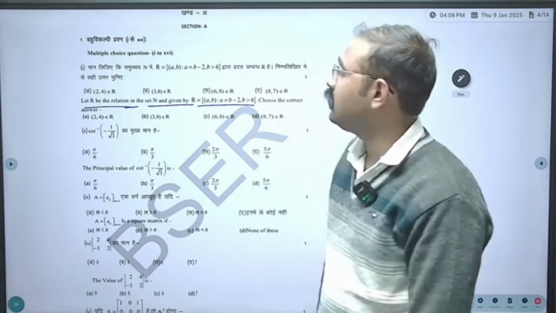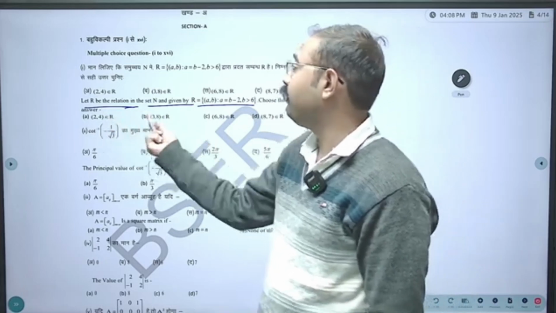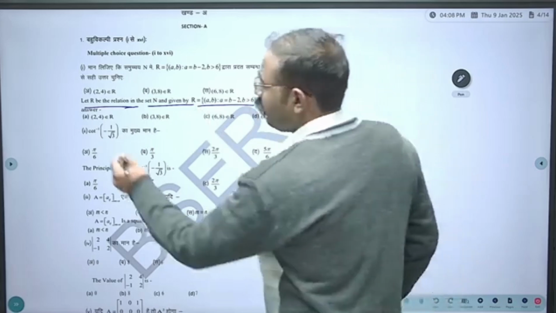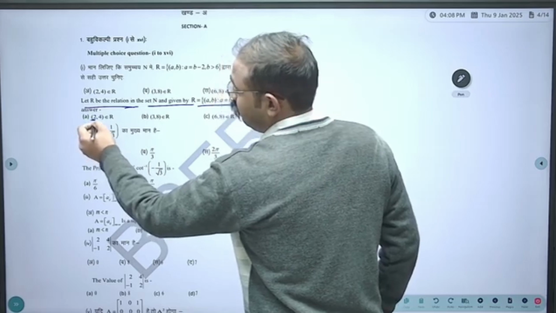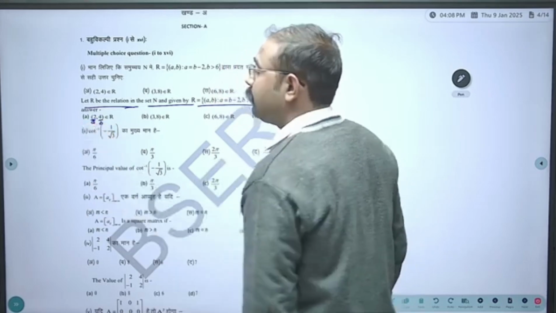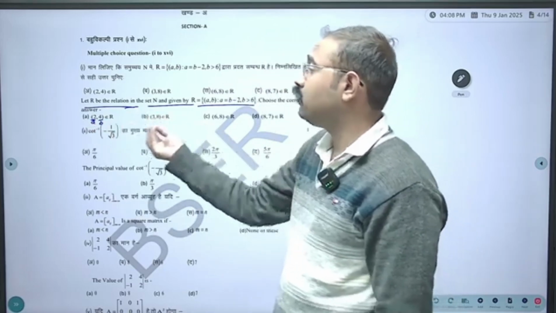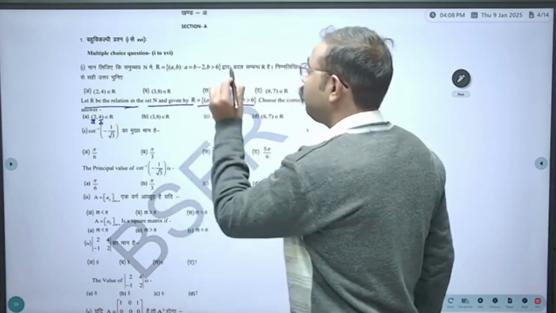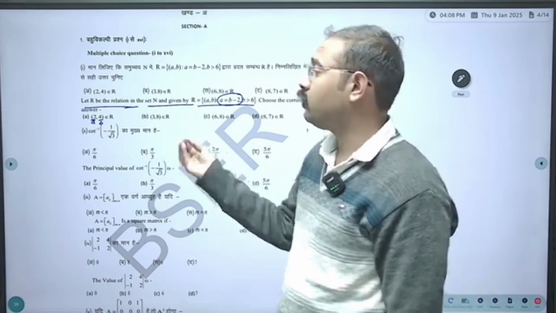We have to choose the correct answer, that which ordered pair will belong to this relation. So simply in every ordered pair, the first number is the value of a and the second is the value of b. We will substitute the values of a and b in our relation, a equals b minus 2. The ordered pair which will satisfy will be our correct option.